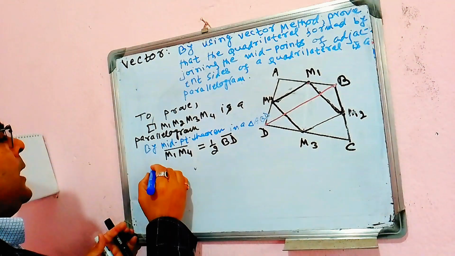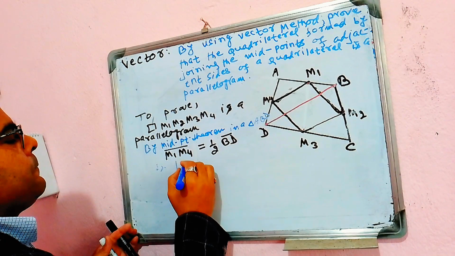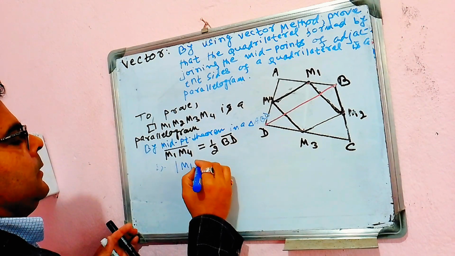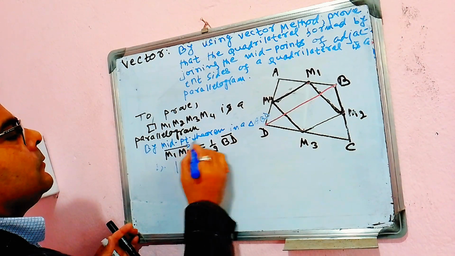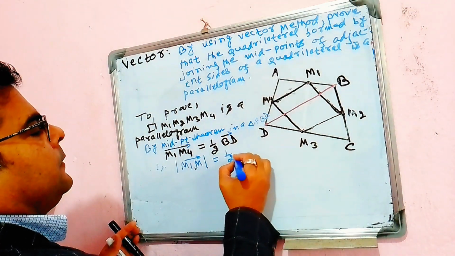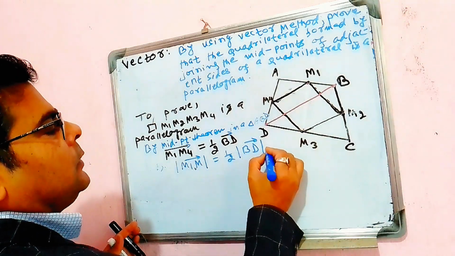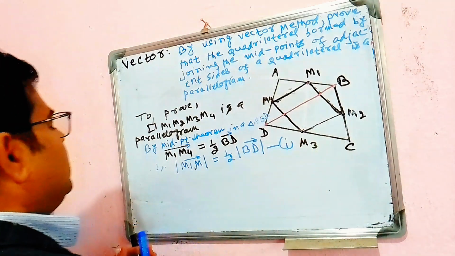That is, the magnitude of vector M1 M4 is half of the magnitude of BD. You call this equation 1.